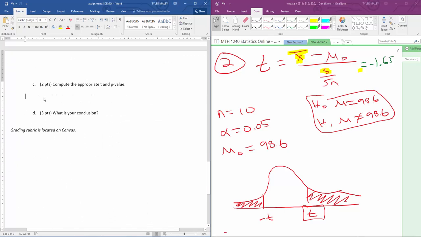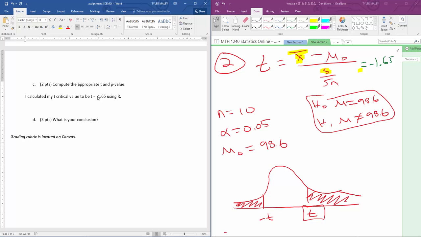So I calculated my t value to be, so t equals negative 1.65, using R. So we could say something like that. And then we could state my p-value, and then we can find this.